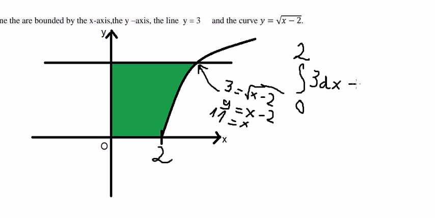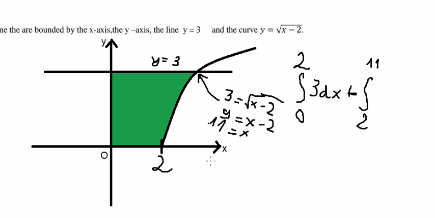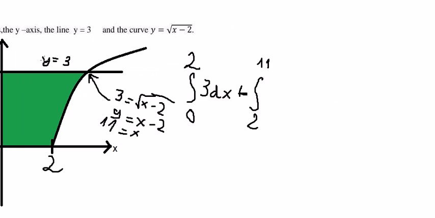And now we get the integral from 2 to 11. And we know this is y equal to 3, so 3 minus the square root of x minus 2, because y equals 3 is above the curve in here.